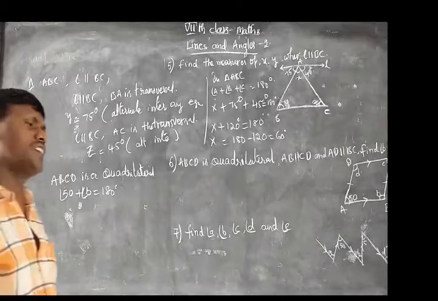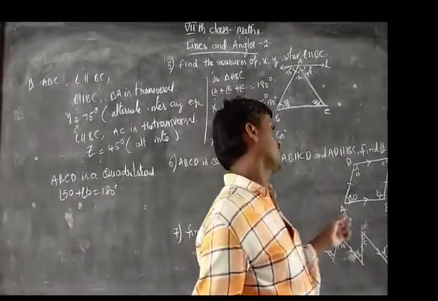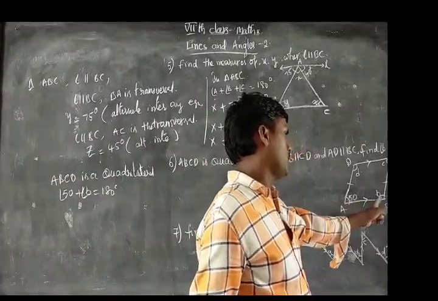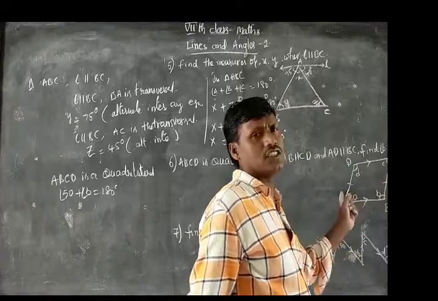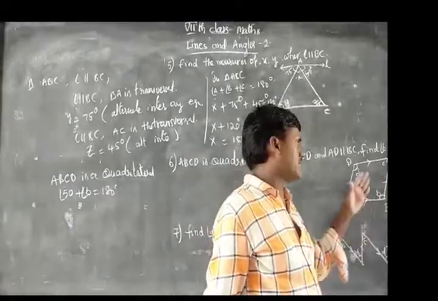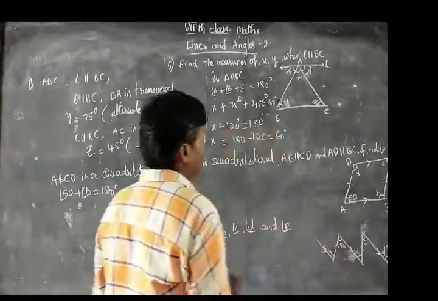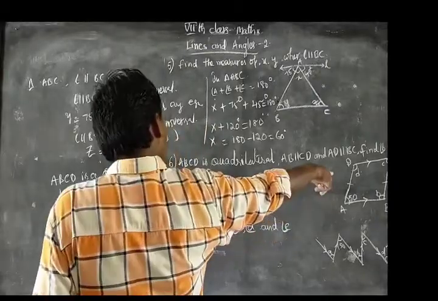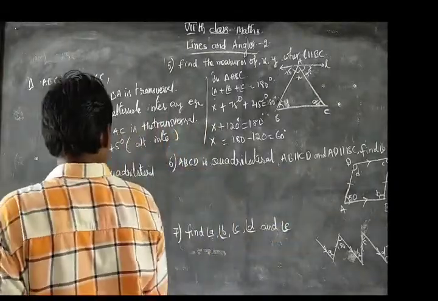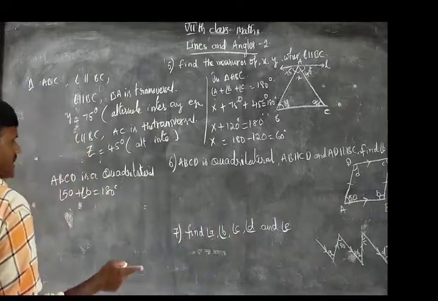And why do we take the sum of adjacent angles? If you see that angle A, these two are parallel and these are also parallel. So if all are parallel, which type of quadrilateral is it? We can say it is a parallelogram, then we can take the sum of angles.